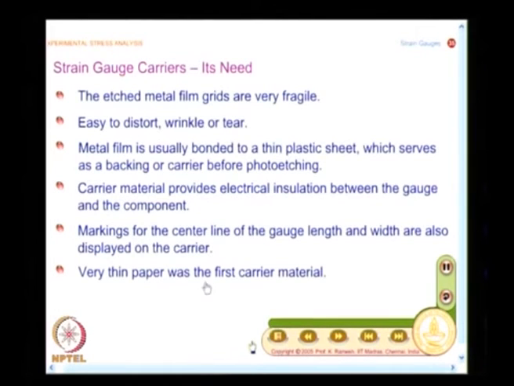Very thin paper was the first carrier material. Now, paper is replaced, but the earliest strain gauges had paper, and you have quite a variety of carriers available now for different applications.